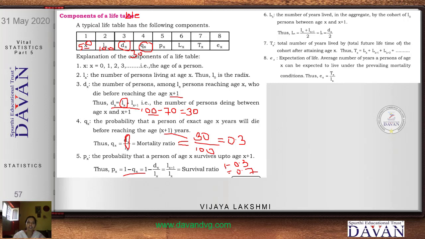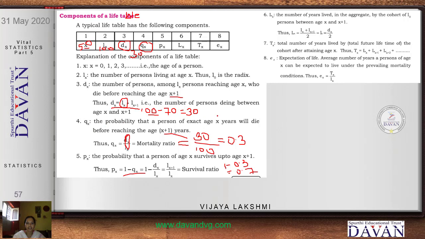So successfully how many people have survived or moved to the age 51? They are 70. So it's given with the formula dx is equal to lx minus lx+1. So lx is 100 minus how many people have successfully reached the age 51? They are 70. So in between, how many have died? 100 minus 70, it is 30.